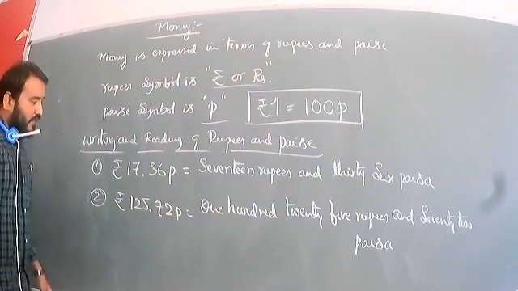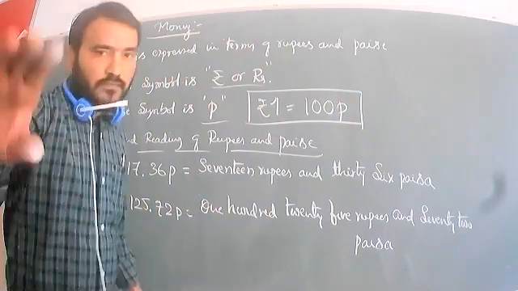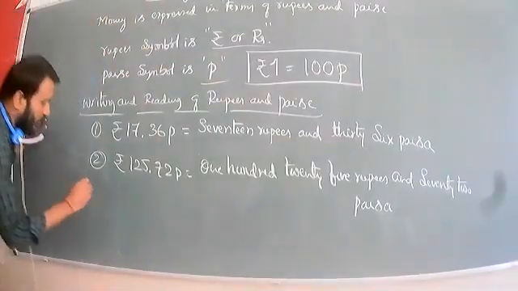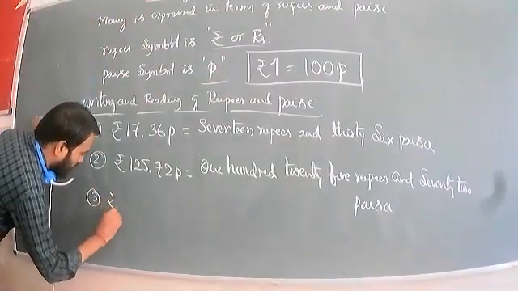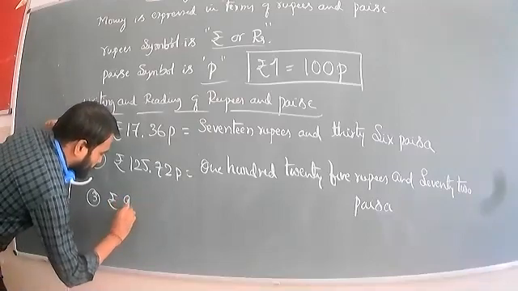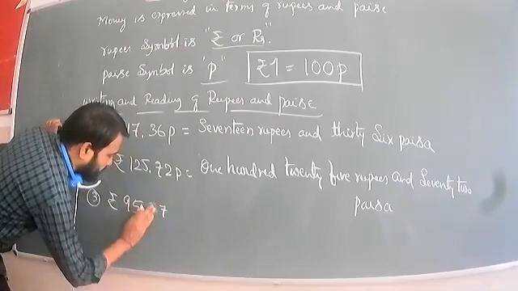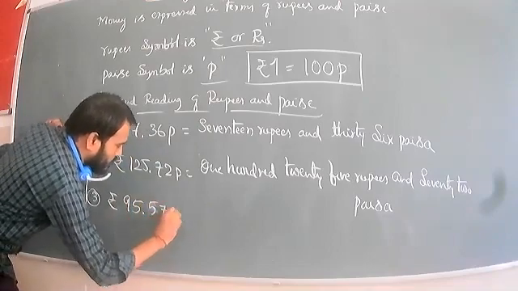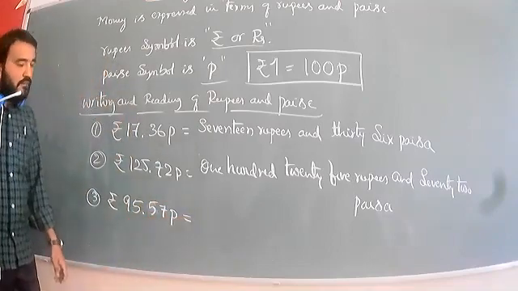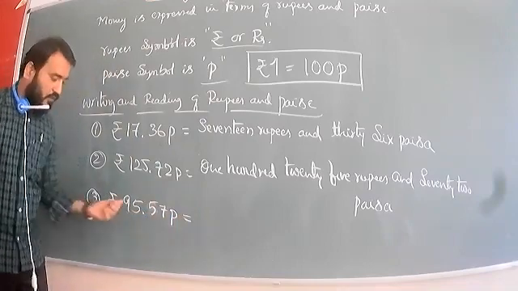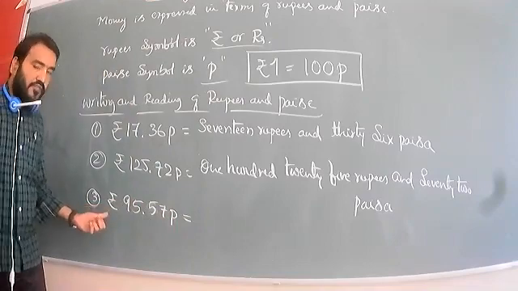I will take one more example, the third one, the last question: 95 rupees 57 paisa. You have to write the name. After the dot it is paisa, before the dot it is rupees. You know the symbols of rupees and paisa.